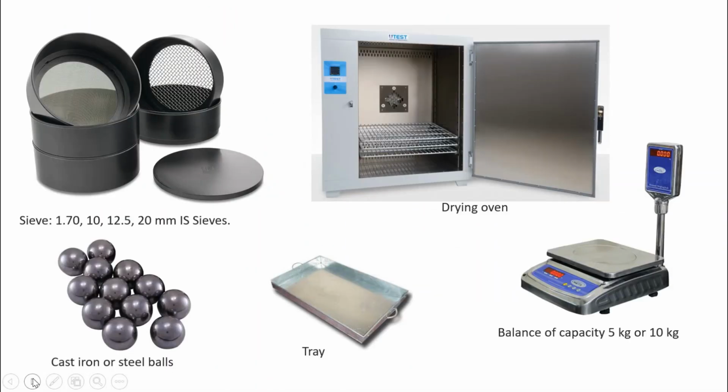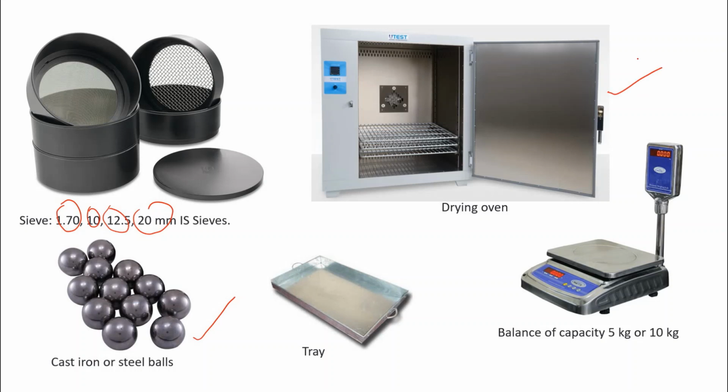Okay, so let's see what the required apparatus are. We need 4 IS sieves: 1.7 mm, 10 mm, 12.5 mm and 20 mm IS sieves, and some steel balls or cast iron balls.